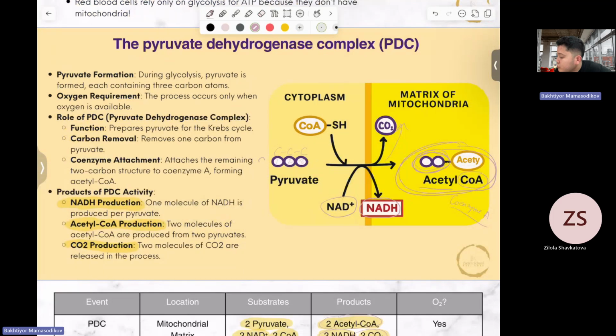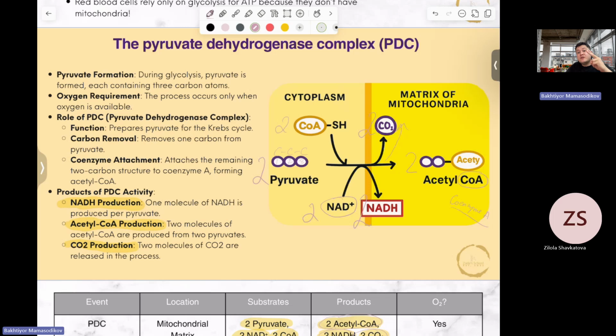If I put here 2, since pyruvate is coming from 1 glucose, coenzyme A will also be 2, and 2 NAD will take part in this reaction. 2 carbon dioxide will be released, 2 acetyl-CoA will be produced, and 2 NADH will be produced, or reduced, okay? So products from one pyruvate are 1 NADH, 1 acetyl-CoA, 1 carbon dioxide.